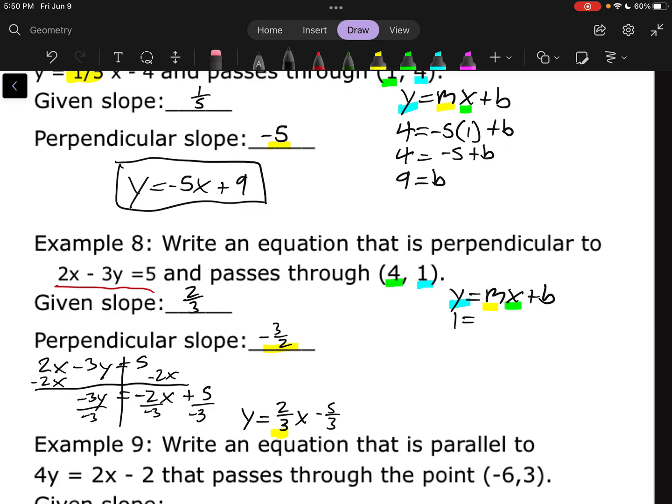So 1 equals negative 3 over 2 times 4 plus b. Negative 3 over 2 times 4 is negative 6 plus b. If I add the 6 to the other side, I get 7 is equal to b. So my final equation here: y equals negative 3 over 2x, that perpendicular slope, plus 7.